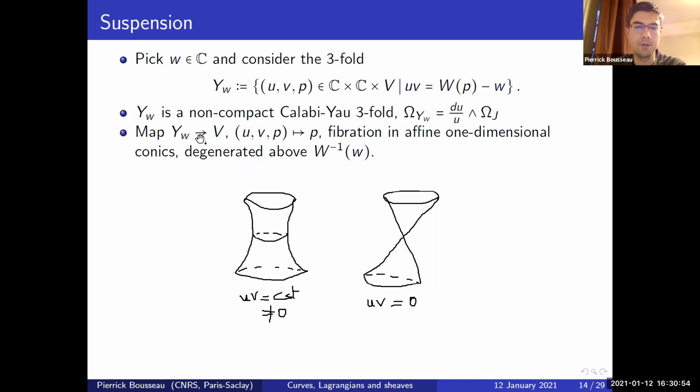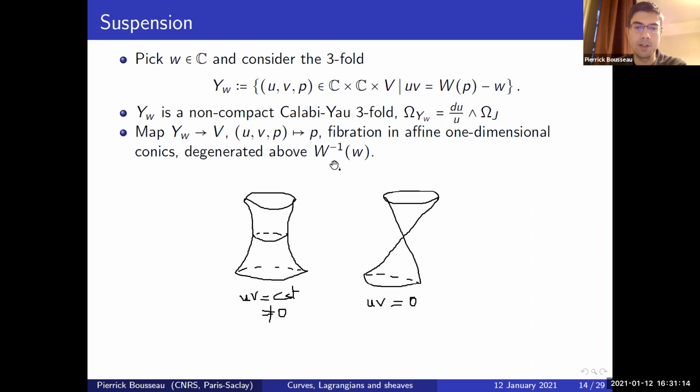And this map is rather simple. It's simply a fibration in affine one-dimensional conics. So if you're over a general point of V, the fiber of this map is given by uv equal to a constant. So it's a copy of C star, or topologically just a cylinder.